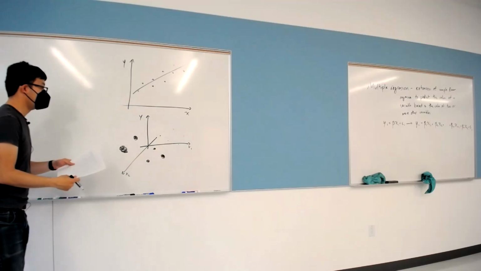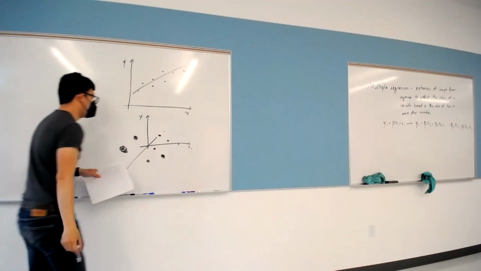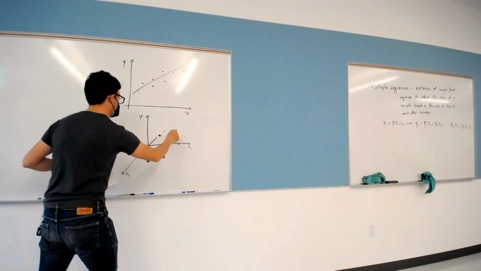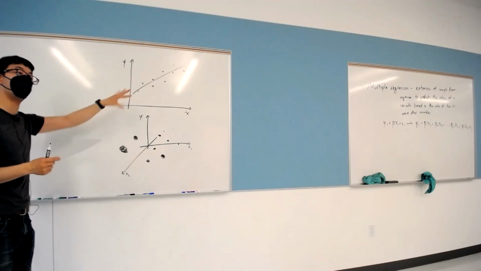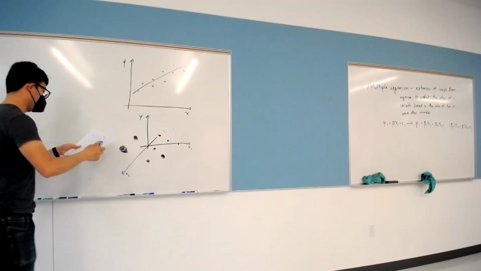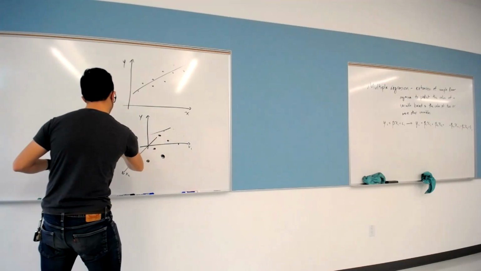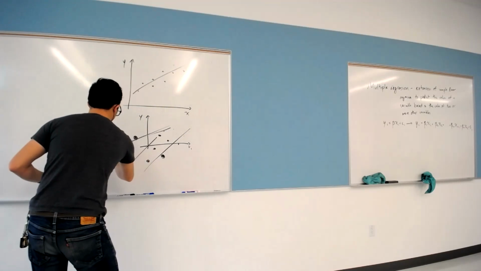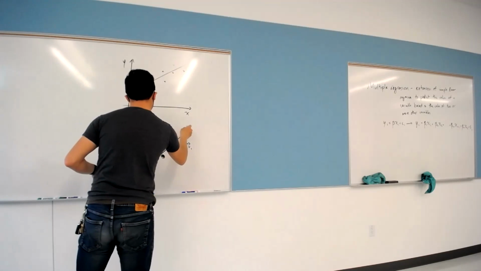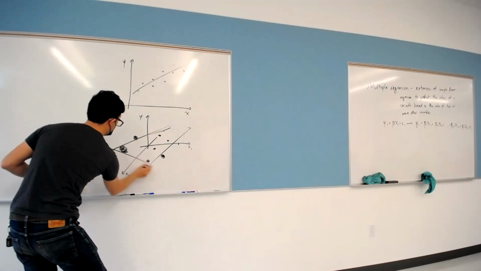Okay. So it's still linear, all linear relationships in each plane. This might look something like this, and then something like that.